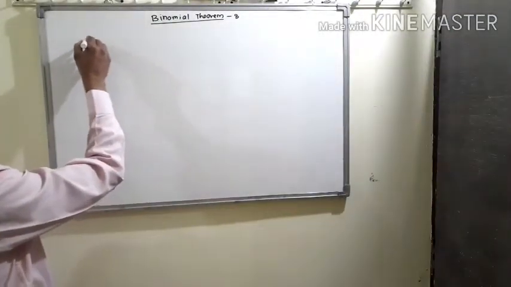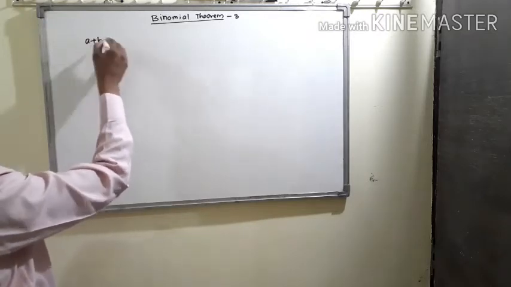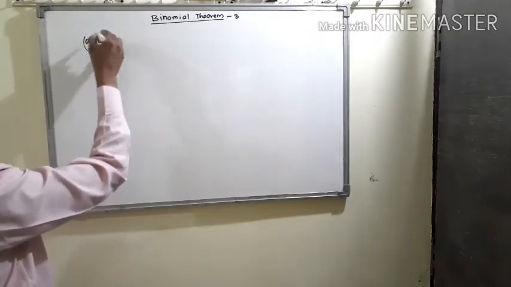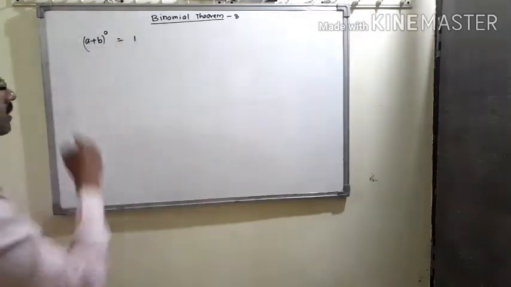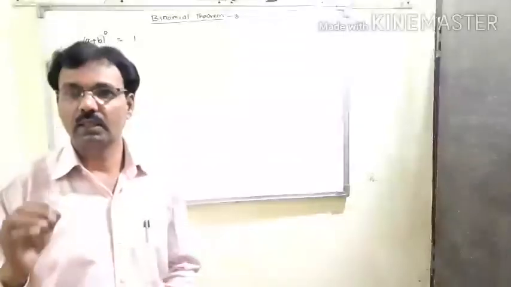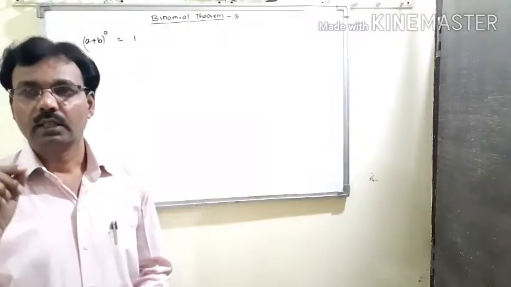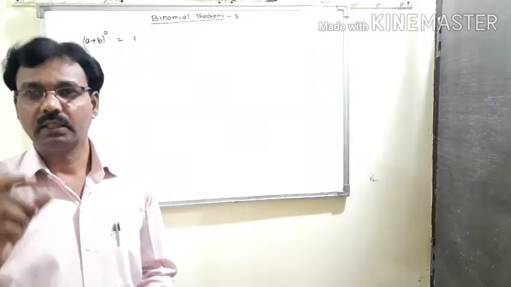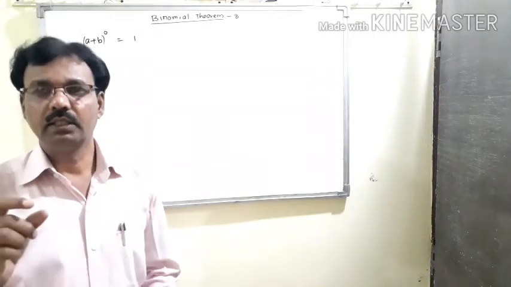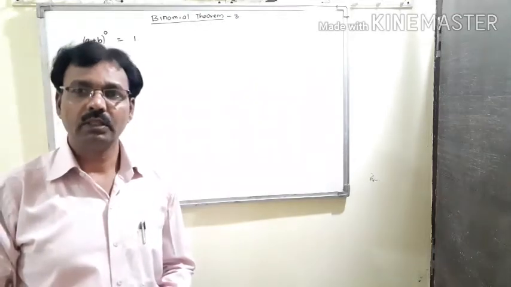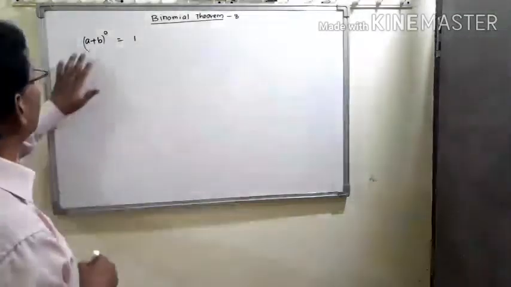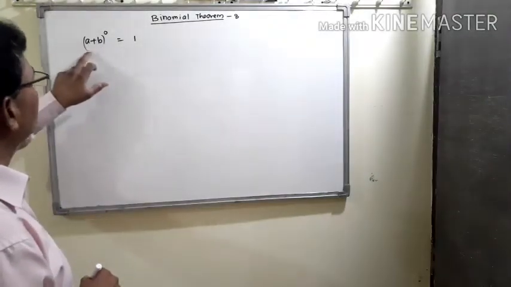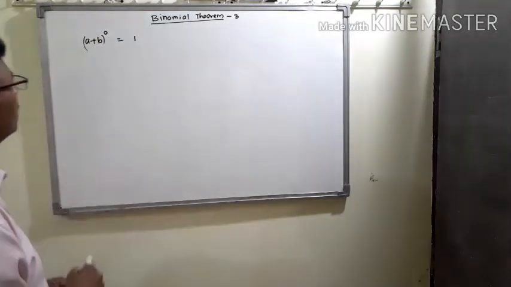Since we know that (a plus b) to the power 0 equals 1, as you know that in class 8, if the power of any number or letter is 0, then its value is always 1. So (a plus b)^0 equals 1.